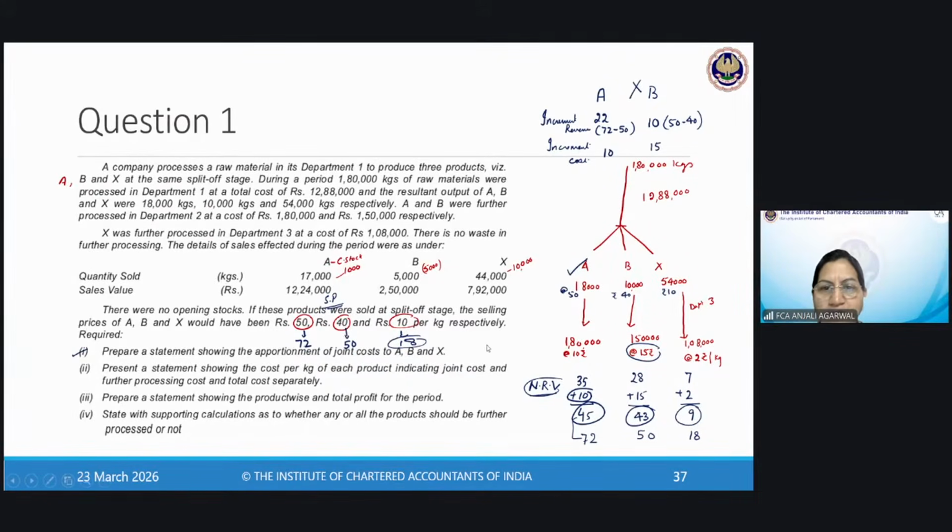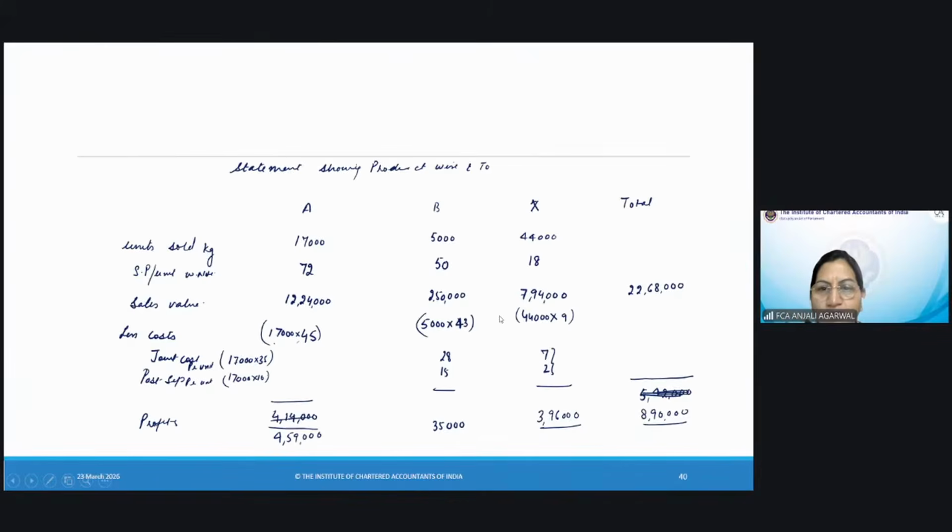What is the profit that we are getting from B? From B, we are getting a profit of 35,000. So if we had not processed B further, we could have sold B for how much? 5,000 into 40. Our sales would still have been 2 lakhs.